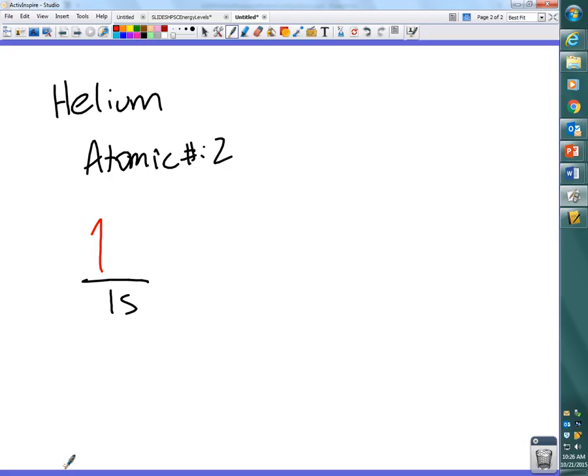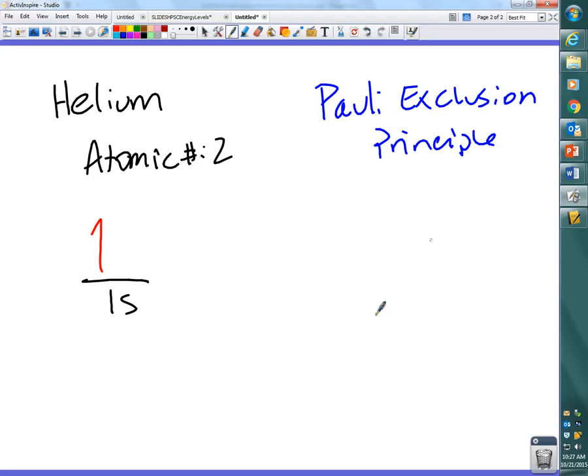But we learned yesterday that each orbital can hold how many electrons total? 2. We refer to that idea that each orbital can hold 2 electrons as the Pauli exclusion principle. Each orbital can hold a maximum of 2 electrons.